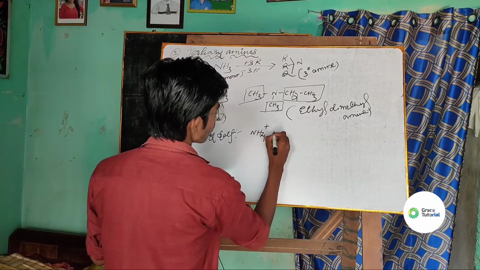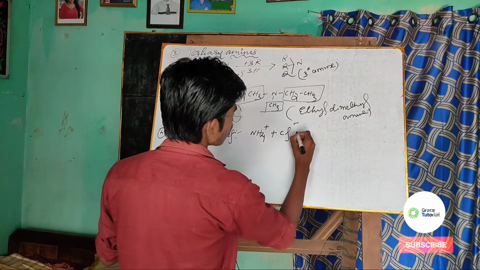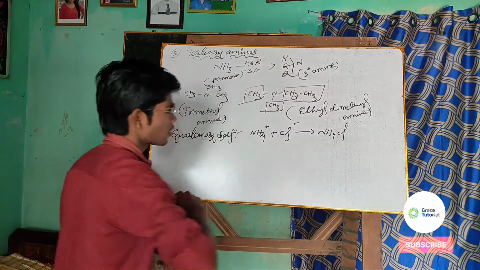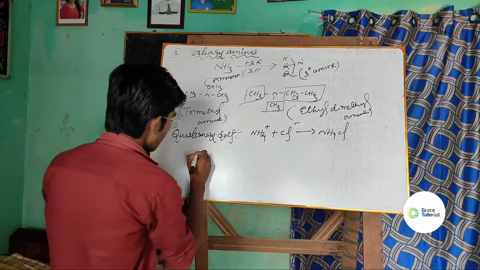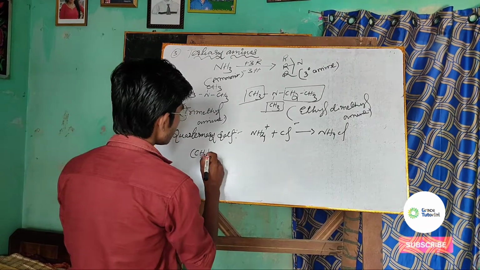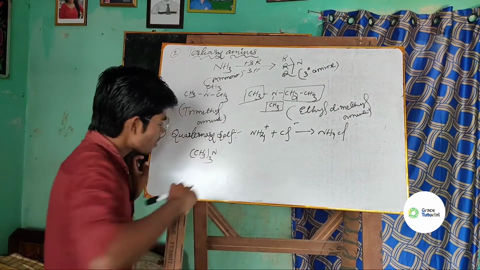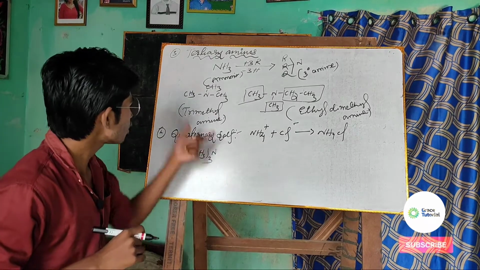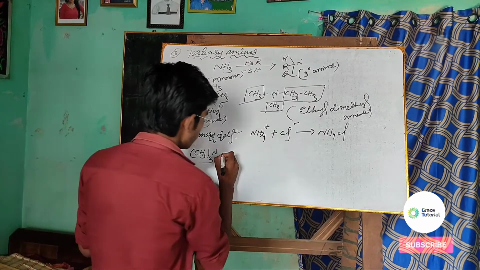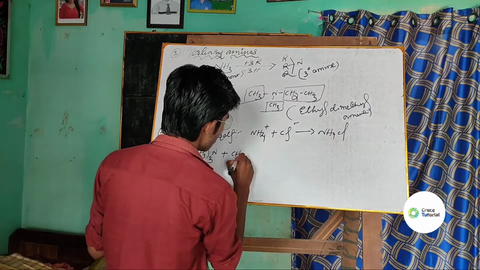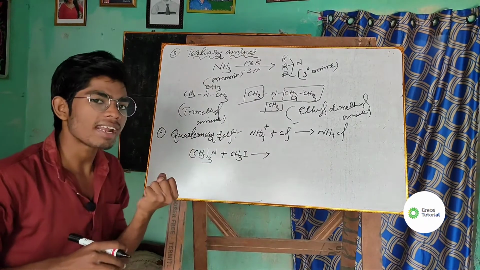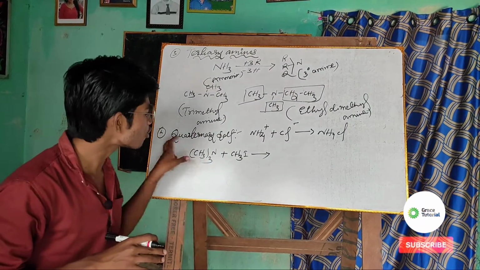If the ammonia reacts with chloride, it gives ammonium chloride. Similarly, suppose I have tertiary trimethylamine. Look at here, three methyl groups are there, CH3 and N. When this trimethylamine reacts with methyl iodide, then the compound which is obtained is basically a salt, that is quaternary salt.